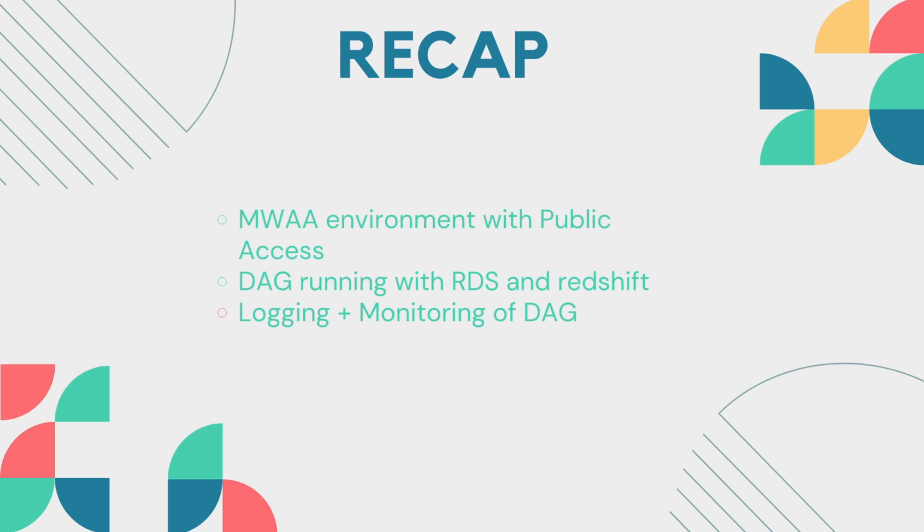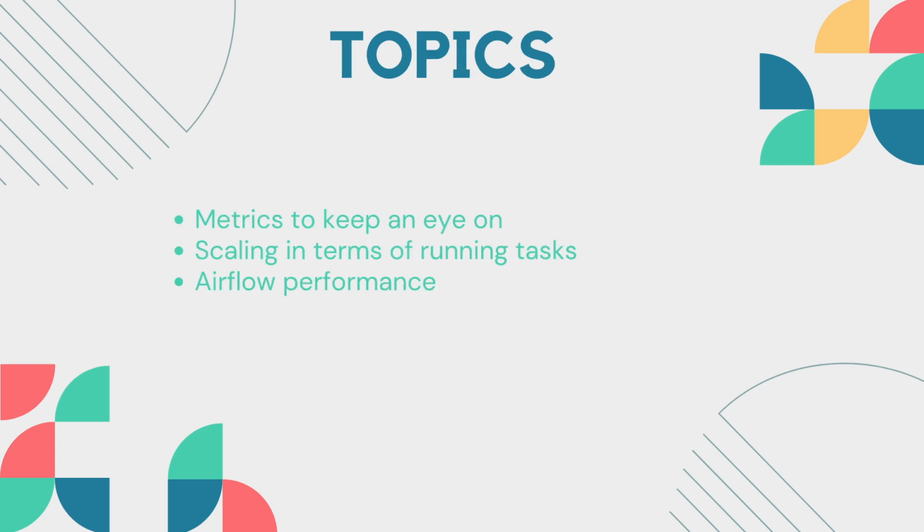their execution. In today's lesson, we are taking things a step further by diving into metrics, scaling, and performance in MWAA. These are crucial for running workflows at scale and ensuring they execute efficiently. Here are things that we will cover. The key metrics that you need to monitor to keep your environment healthy.